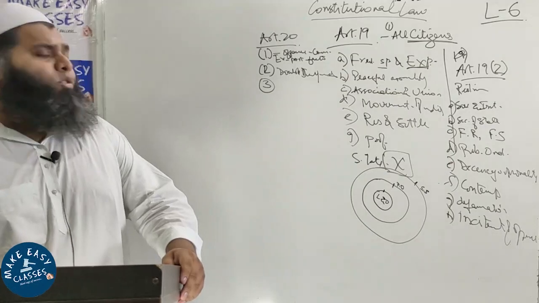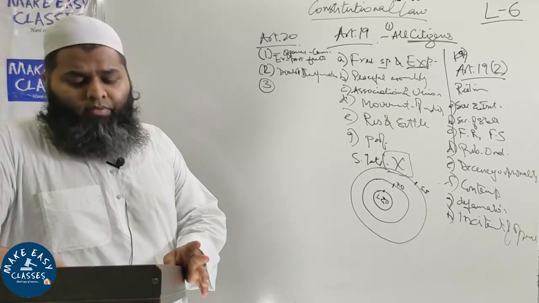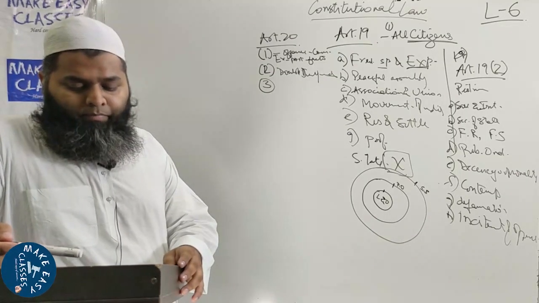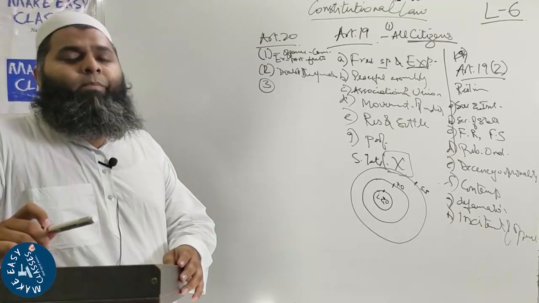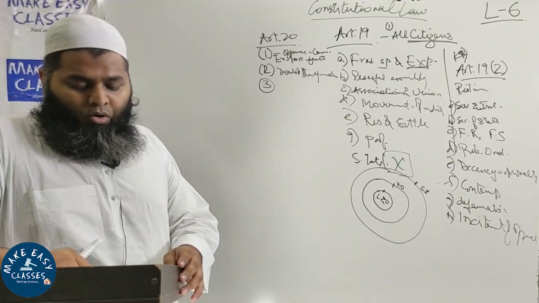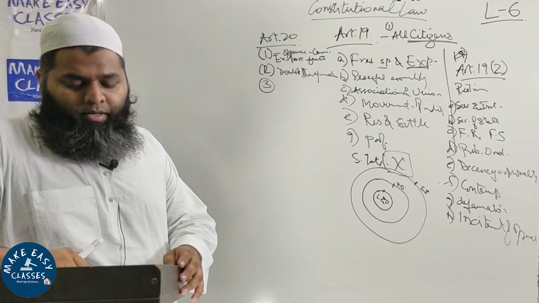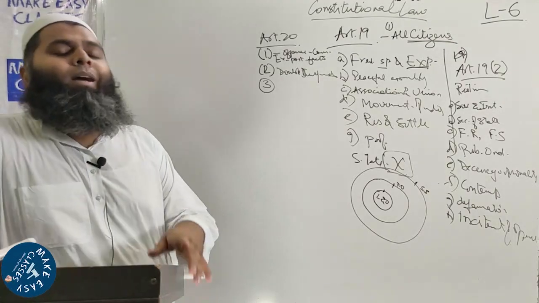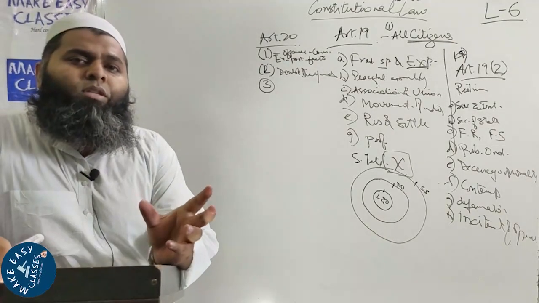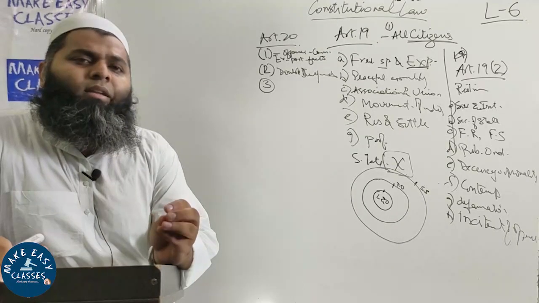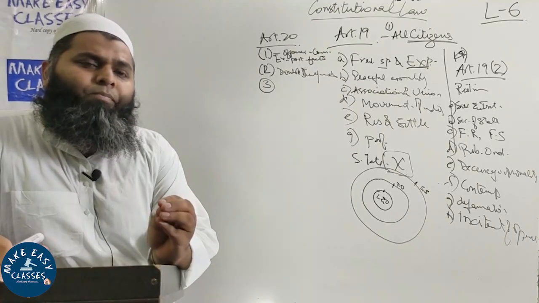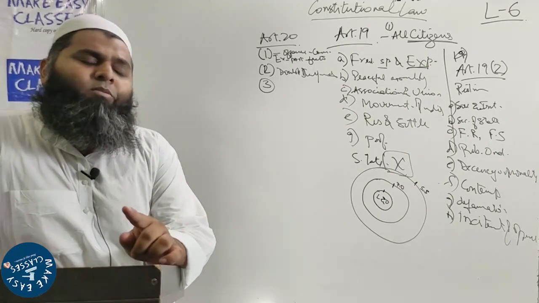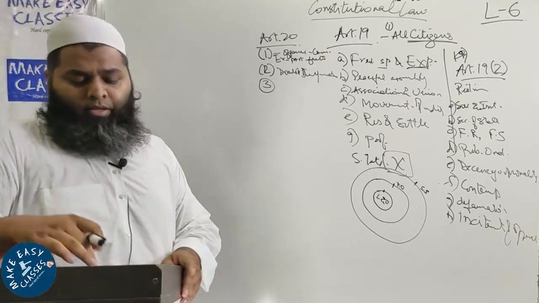So what does this Article 20 deal with? First clause deals with that no person shall be charged of any offence except for the violation of the law at the time of commission of the act charged as the offence, nor be subjected to a penalty greater than that inflicted under the law in force at the time of commission of the act. कोई भी आदमी सिर्फ उसी ऑफेंस के लिए, उसी एक्ट के लिए कन्विक्ट किया जाएगा जो उसने किया, और करते वक्त वो एक्ट लॉ में ऑफेंस था, और उतनी पनिशमेंट मिलेगी जितनी लॉ में प्रोवाइडेड थी उस वक्त.